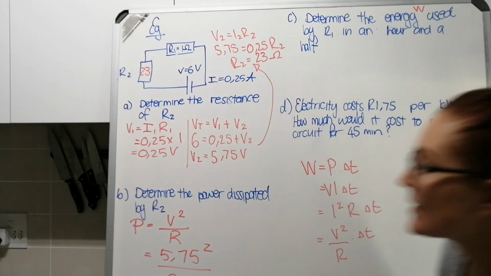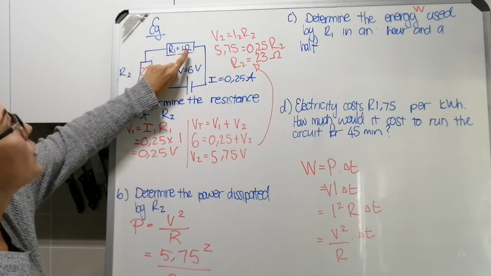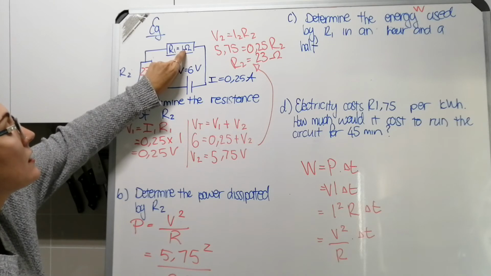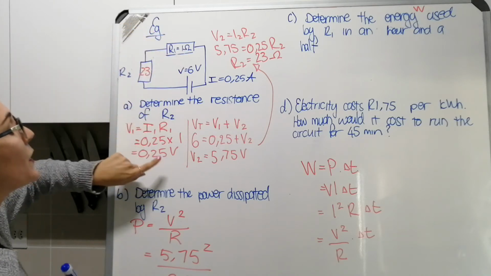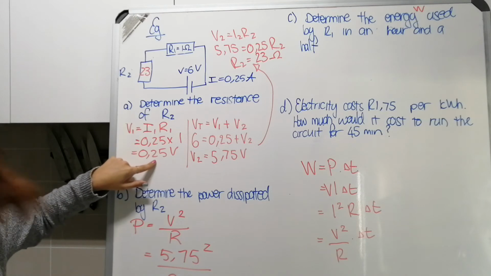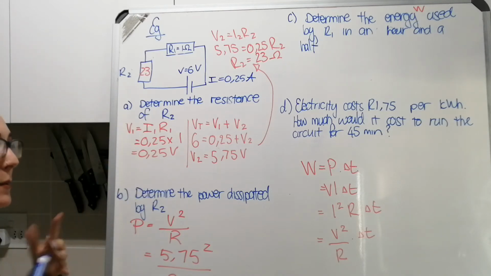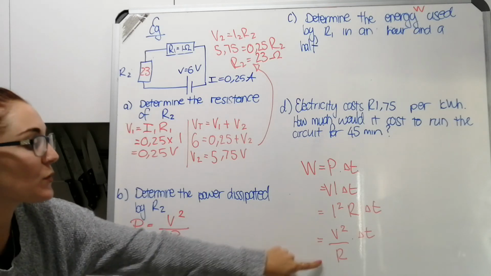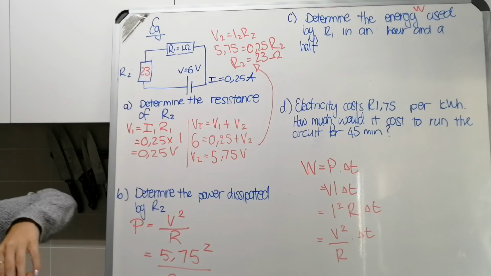Let's look at which one is helpful. For R1, we know the resistance, we know the potential and we know the current. So again, we can pick any one we want. I'm going to pick, okay, we use the V squared over R here. So let's use I squared R, just for fun, because we can.